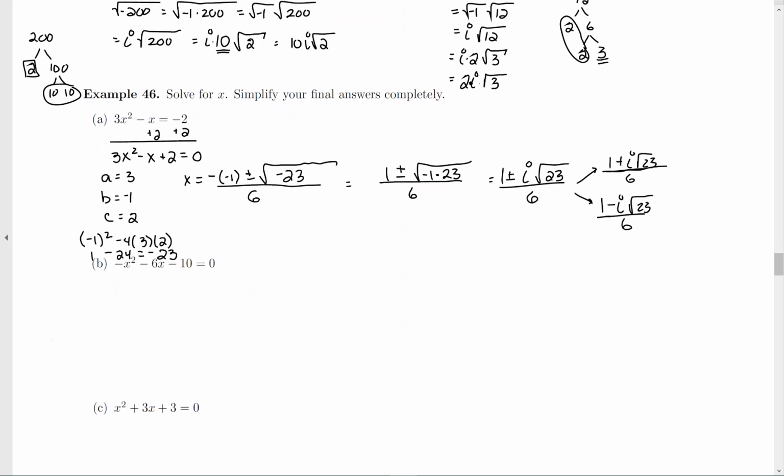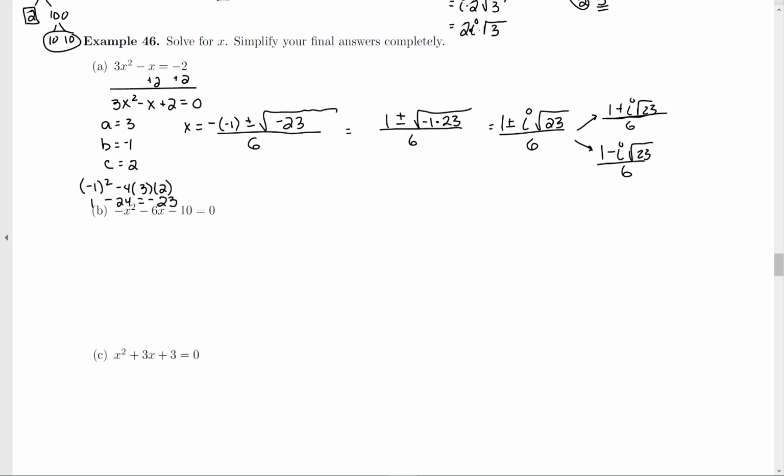Right, for letter B, solve for x. And again, we're looking for any solution, not just a real solution, but any solution. So in this problem, my a is negative 1, my b is negative 6, my c is negative 10. All right, and while I'm at it, I might as well compute my b squared.